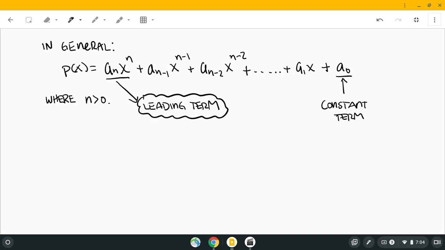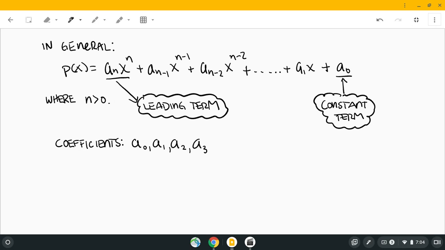And then the coefficients of this polynomial are just those an minus 1, an minus 2, all the a's. So the coefficients are a sub 0, a1, a2, a3, and it keeps on going all the way to an.